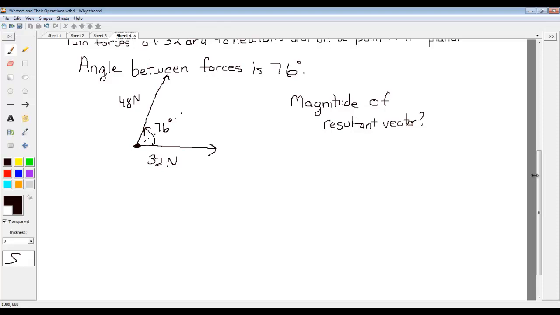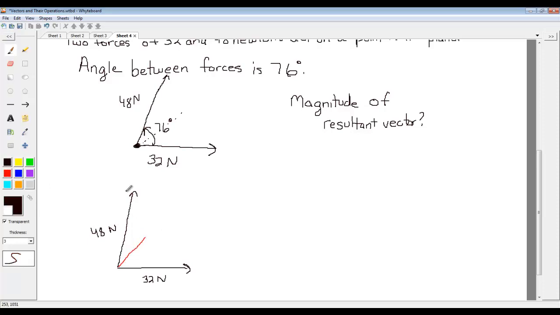So let's resketch this for a second. We've got one that's 32 newtons here, and another that's 48 newtons here, and the resultant vector is going to be going down the center here.